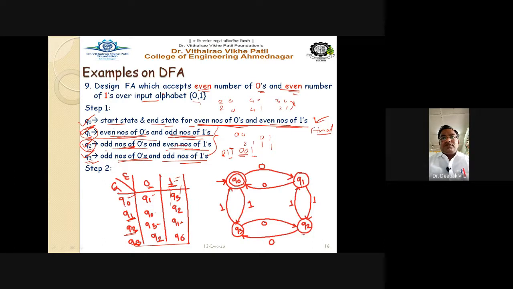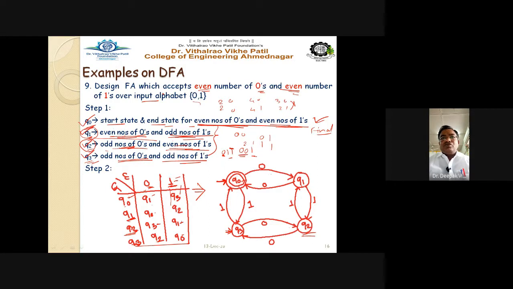Q2 is odd number of zeros and even number of ones. And Q3 is odd number of zeros and odd number of ones. So this is the way: we first identify the states, and the transitions are drawn based upon this transition table. We have drawn the transition graph.